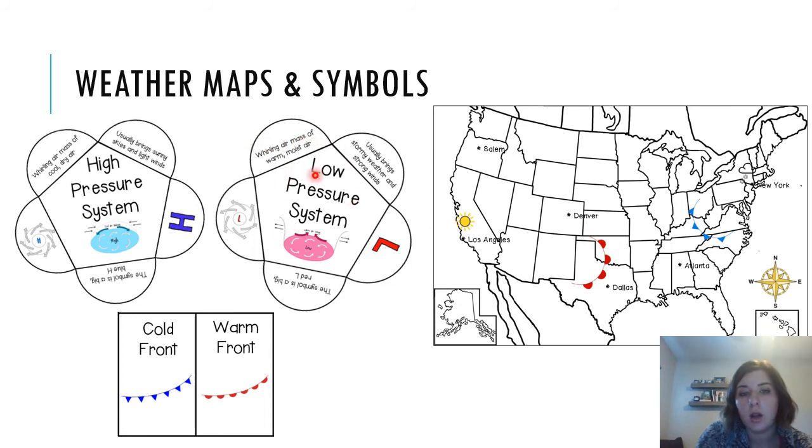Versus a low pressure system is going to be an air mass of warm, moist air. So this usually brings stormy weather and strong winds. So high pressure, think like a nice sunny day, low pressure, storms. Maybe like the high chance of me going outside and a low chance because it's stormy.